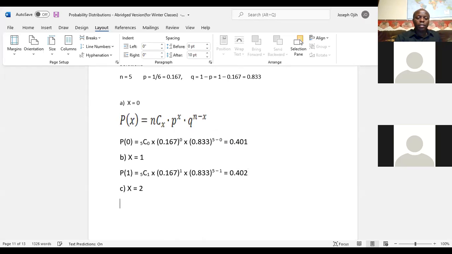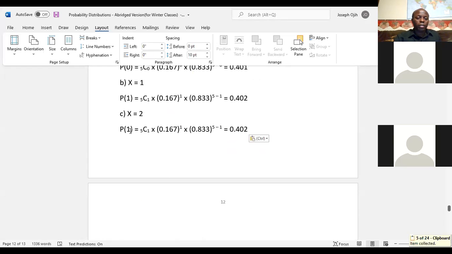So plug it in. P2. I'm going to just pick this up. Change this to 2 this time. 5 combination 2, times 0.167 raised to the power 2, and 0.833 raised to the power 5 minus 2.